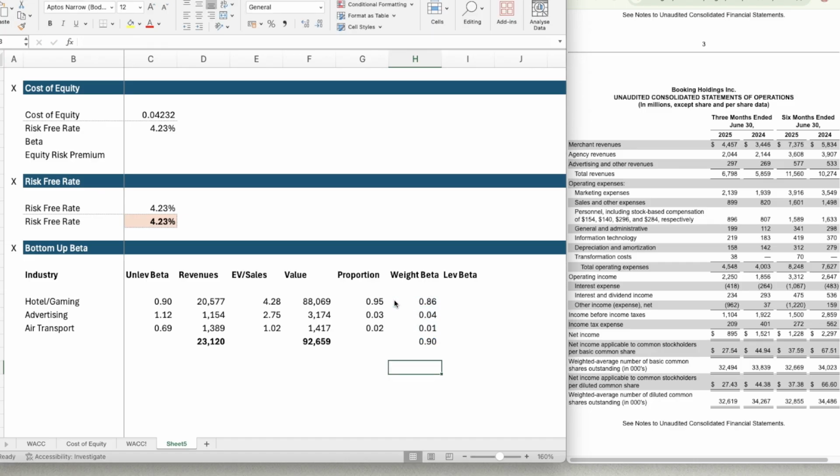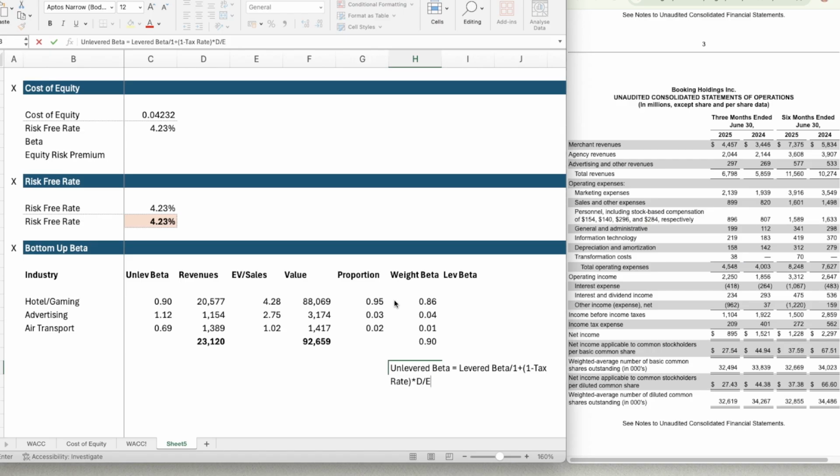Now the levered beta. The formula for this is unlevered beta equals levered beta divided by 1 plus 1 minus the tax rate times the debt divided by the equity.